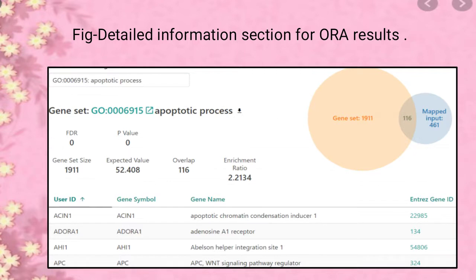This figure is showing the detailed information section for ORA results. The figure is showing the GO term, which is the apoptotic process. The scoring statistics is shown here.